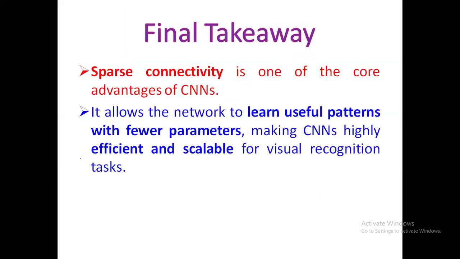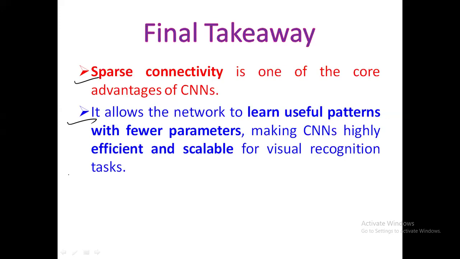The final takeaway from this example is that sparse connectivity is one of the fundamental advantages of convolutional neural networks compared to ordinary dense networks. By restricting the connections to local neighbors of the input, CNNs require fewer parameters and reduced memory and computational costs, and are able to extract meaningful local features that become building blocks for more complex representations.